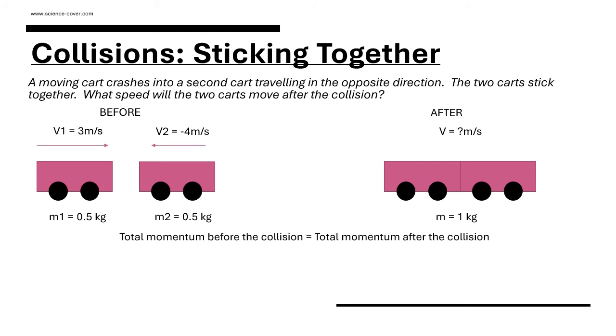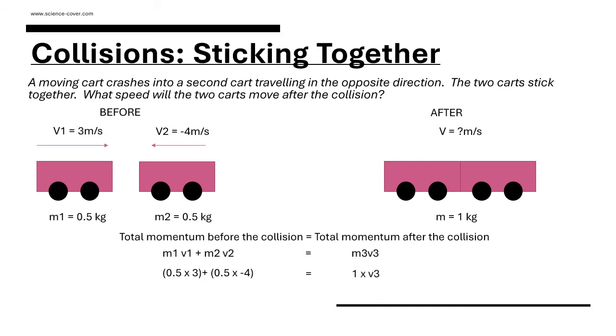To work this out, we again use the conservation of momentum. The total momentum before the collision is equal to the total momentum after the collision. m1v1 plus m2v2 must be equal to m3v3. This time when we substitute in the numbers, we'll pay attention to whether they are positive or negative values. So we have 0.5 multiplied by 3, 0.5 multiplied by minus 4.